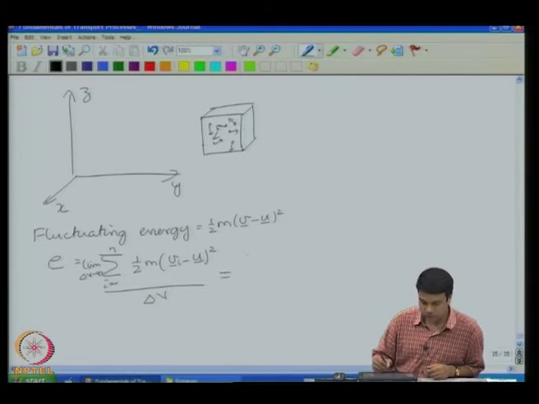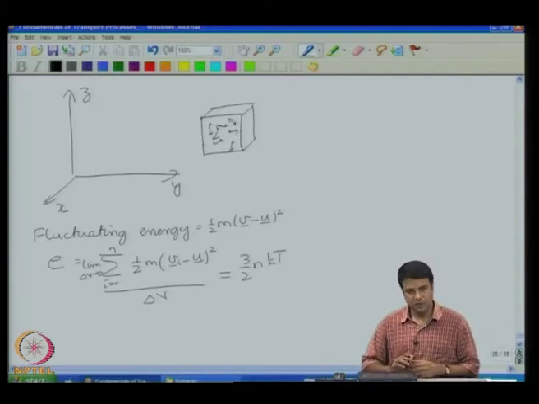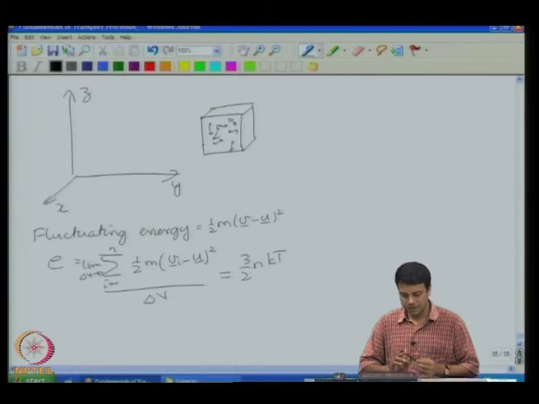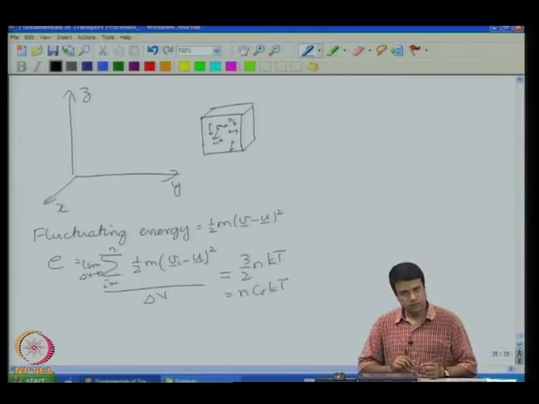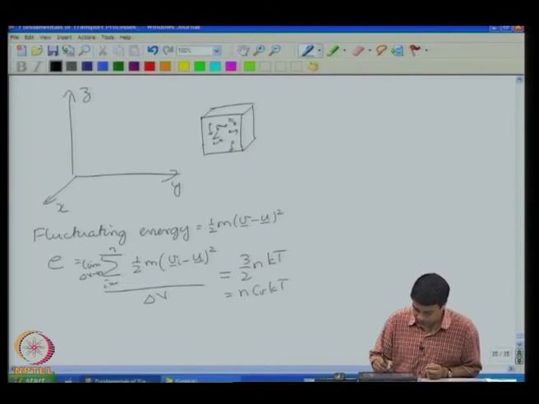This has got to be equal to, from the equipartition of energy, 3 by 2 n k T, where n is the number of molecules. So, this basically defines what the temperature field is. The temperature field is related to the energy fluctuations. If the molecules were not just monatomic, but had rotational and vibrational degrees of freedom, those energies would have to be included here, and the number of degrees of freedom. So, this will be equal to n CV T. I am sorry, this should be 3 by 2 m n k T; I should multiply with mass.